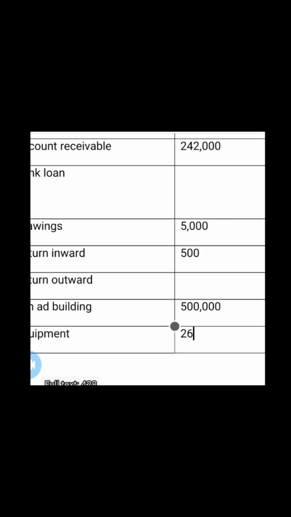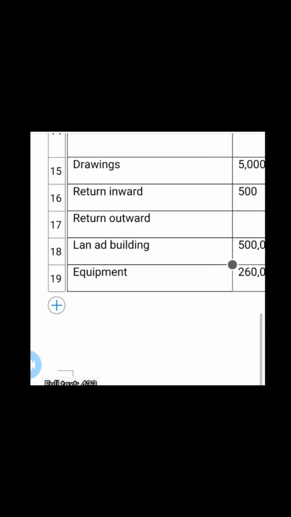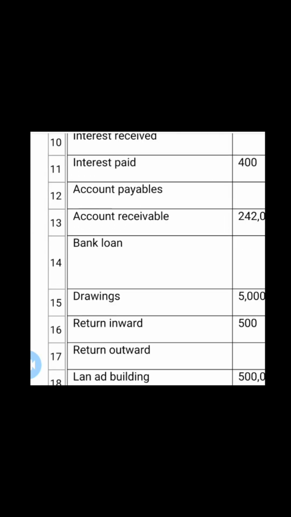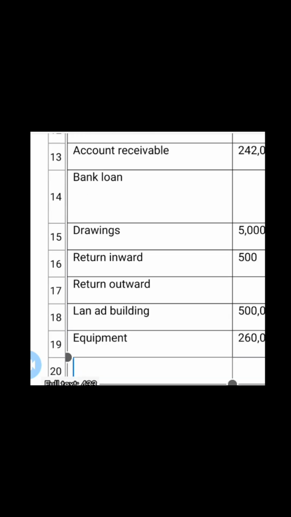So we are going to debit the amount 260,000 on the debit. Remember, the purpose of preparing this trial balance is to make it in such a way that when the trial balance is prepared, it can be used in the preparation of financial statements, and it is also used to verify the double entry principle. It is also used to see if the business has not committed an error.